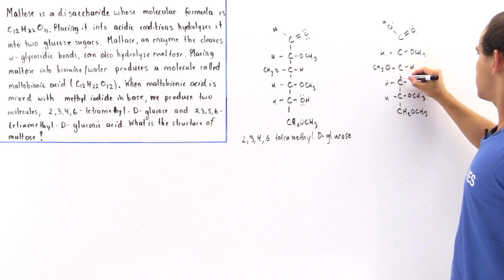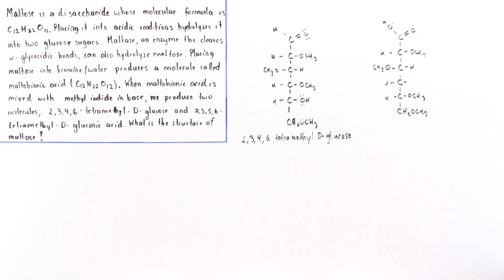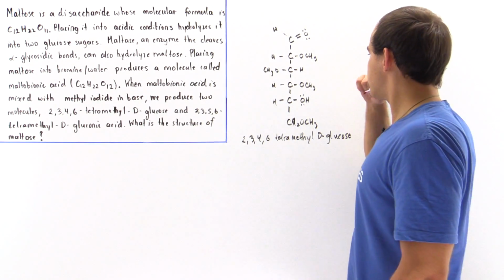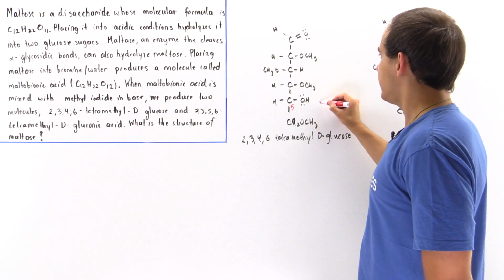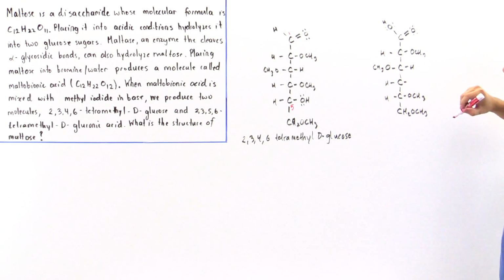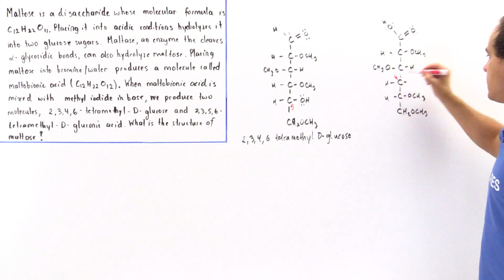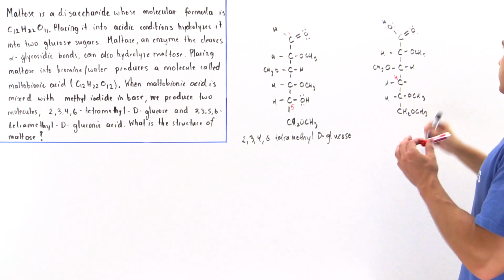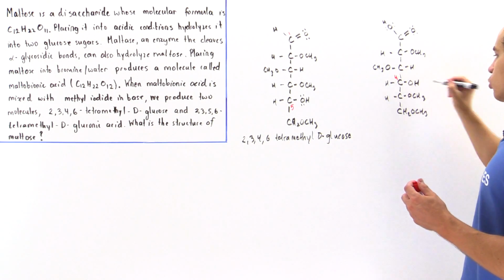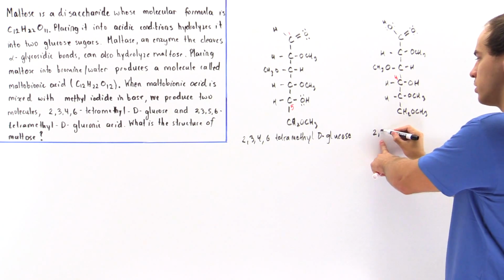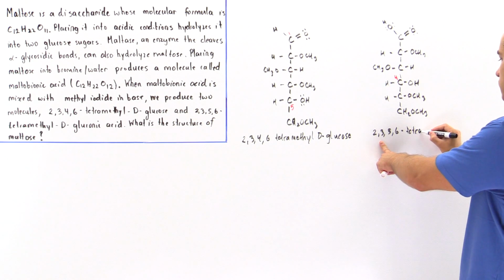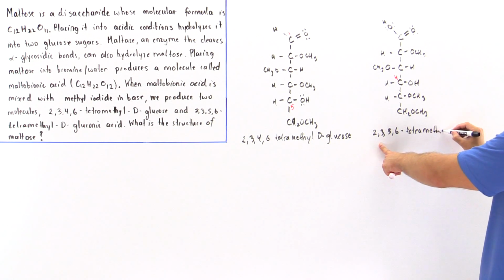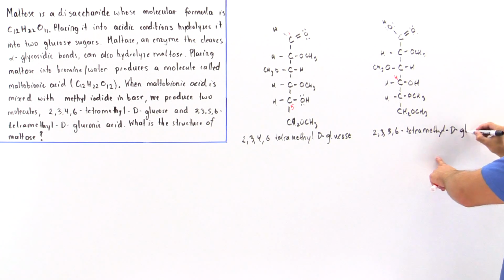We have the bonds here, and let's label our carbons. Carbon number 5 is not methylated, this is carbon number 1, and carbon number 4 here has not been methylated. This contains an OH group, and this is 2,3,5,6-tetramethyl-D-gluconic acid.